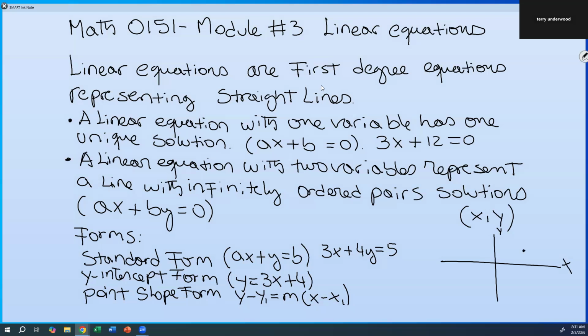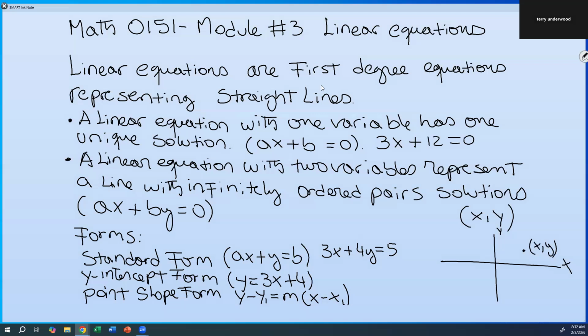This point has an address, an x value and a y value. And that is one solution, because according to geometry, a line has infinitely many points. A line can have 100 points, 1,000,000 points, 1,000,000,000 points, and every point is a solution for the line. We will go more in depth about lines and ordered pairs in the next two weeks.